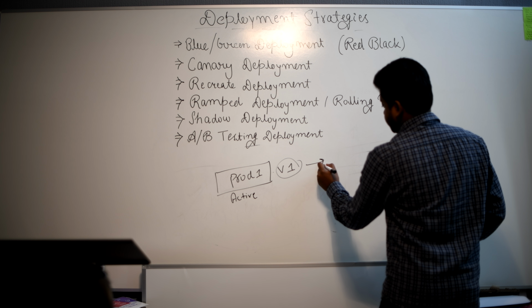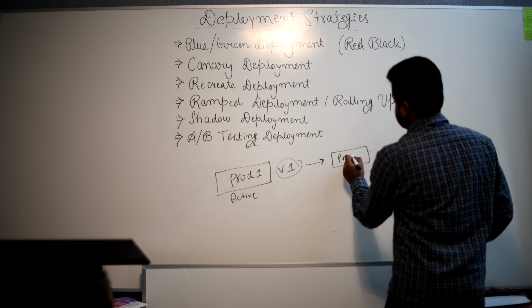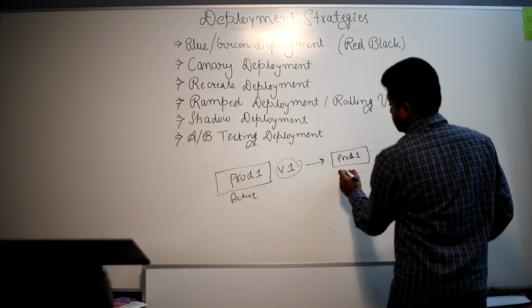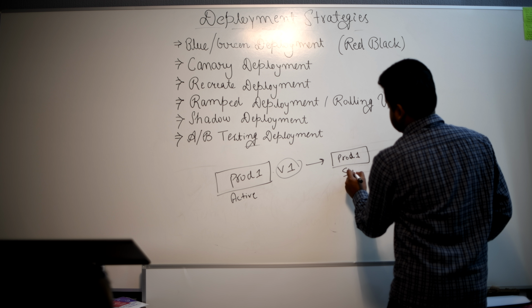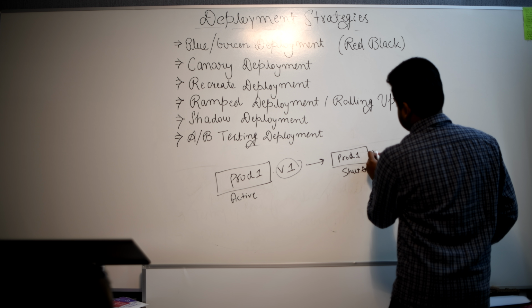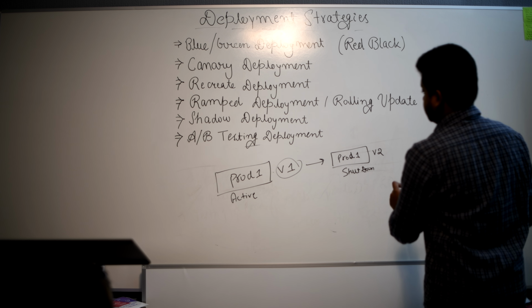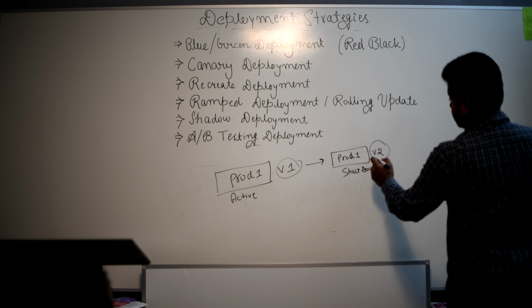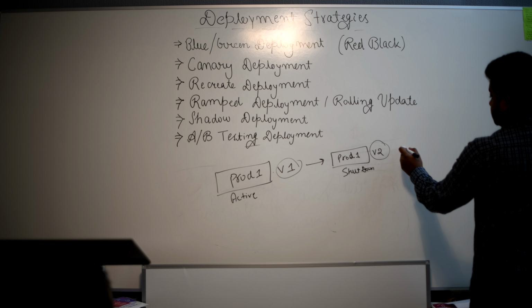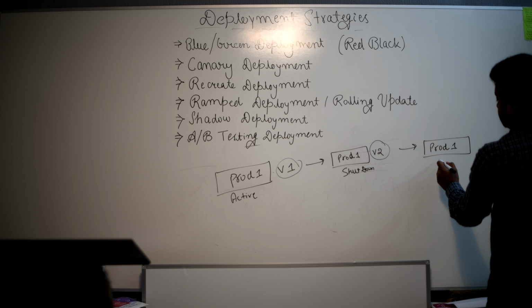Now the second step is prod 1 server shut down, V2 is deployed, your second version V2 is deployed on this server, and after deploying the V2 version, you just do a reboot.